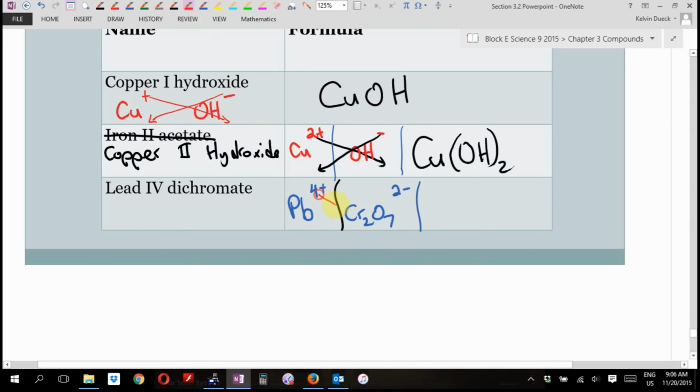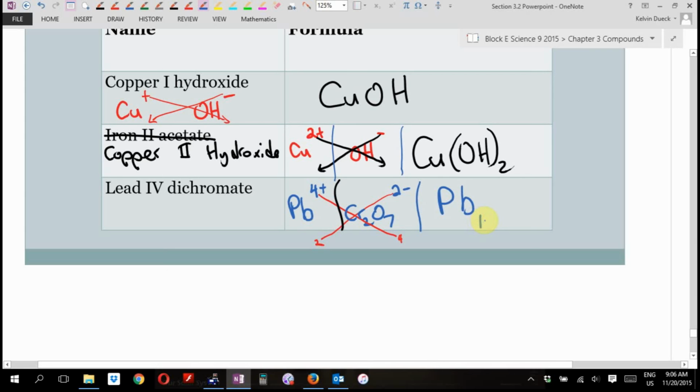When I crisscross, going to be a 4, going to be a 2, or what is there? What was the final step I had to remember in my crisscrossing? Reduce. I'm not going to write 2 and 4. I'll write Pb1, I'll erase the 1 in a second because normally we wouldn't write it.